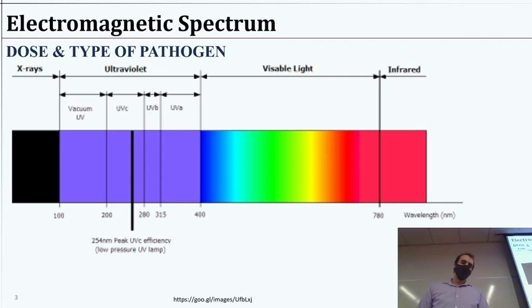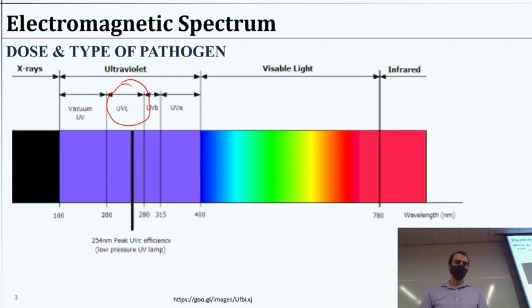Okay, so the UV spectrum. We're pretty familiar with the visible spectrum, and above that, in terms of wavelength, it's the infrared. I think we talked about this a little bit already. Essentially, what we're interested in terms of germicidal stuff is what we call UVC. Traditionally, the mercury vapor pressure lamps are what we've used.